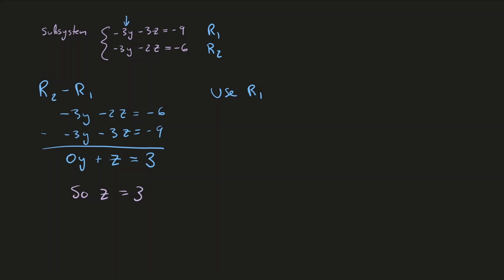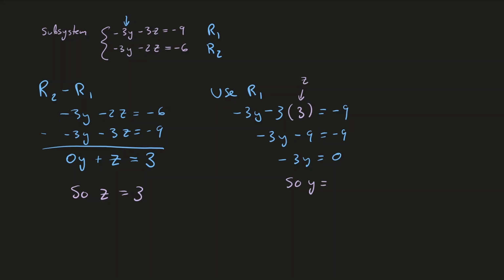So this one gives us -3y - 3 times 3, which is our z here. And that's going to be equal to -9. So this is -3y - 9 = -9. -3y is equal to 0, adding the 9 to both sides.